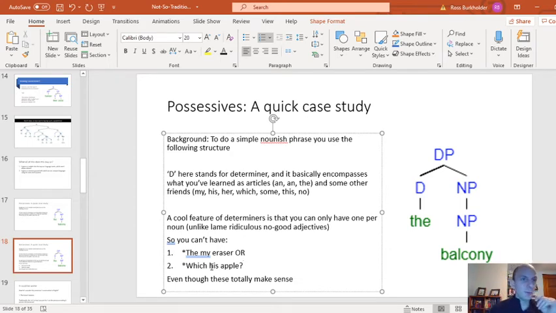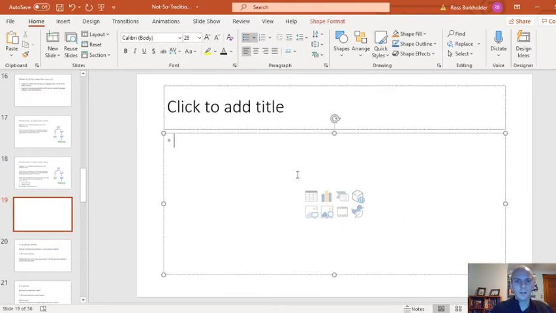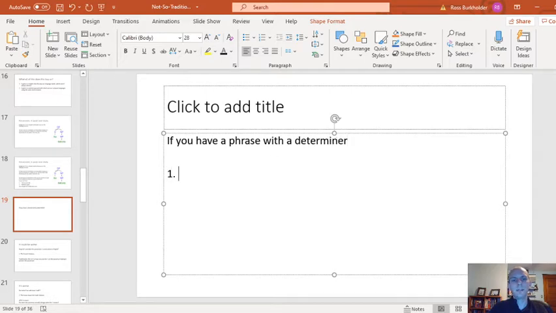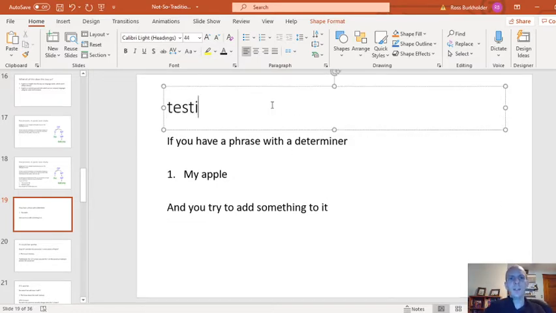Because of the rule that says you can't have two determiners, we can create a test. If you have a phrase with a determiner like this, and you try to add something to it. So say we want to add the word this.